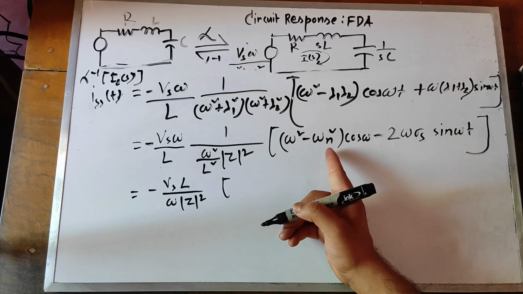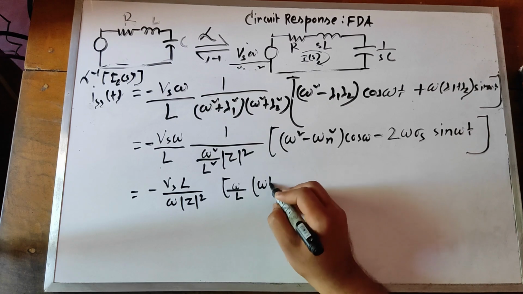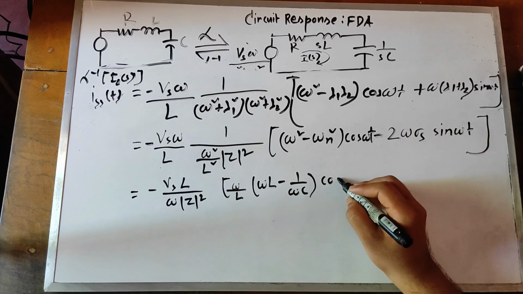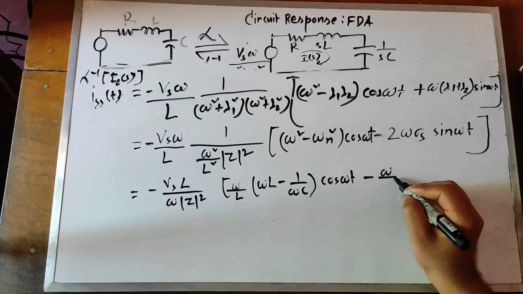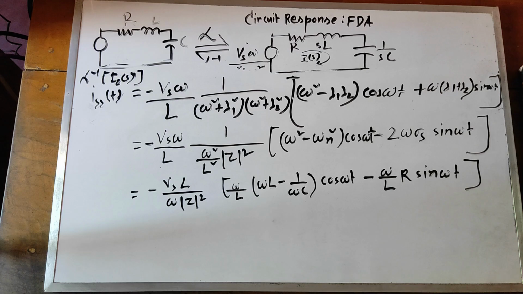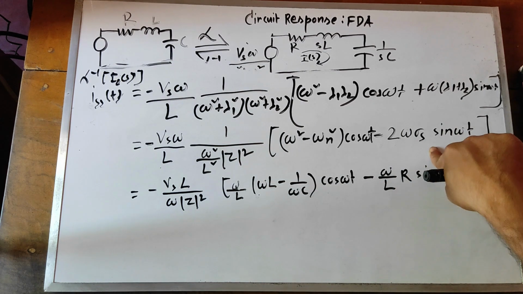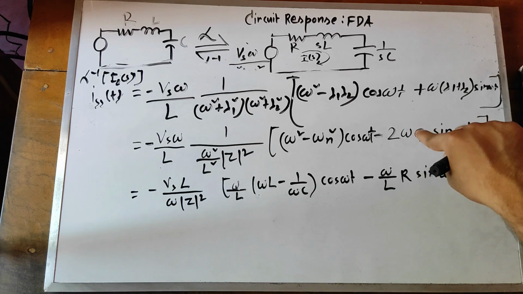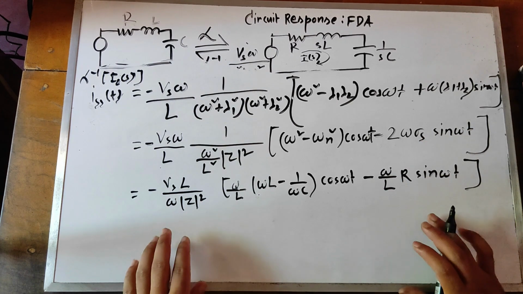So omega by L, it will leave me with omega L minus 1 by omega C cos omega t minus, so this is obviously omega by L, after substituting for the value of this, what is this called, the damping coefficient, the equation looks like this.